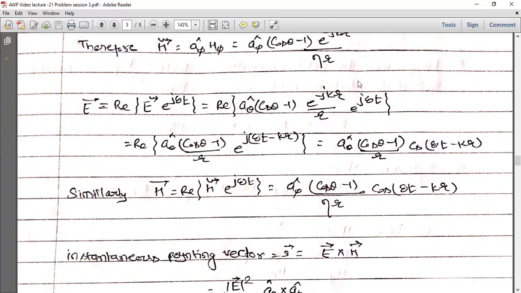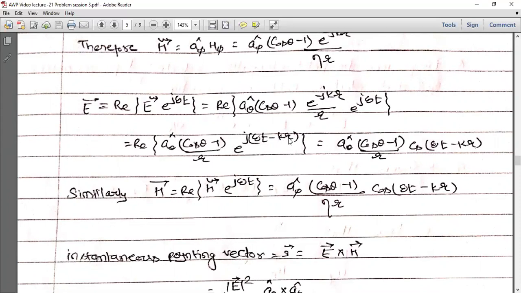Multiplying this with e to the power j omega t, and then extracting only the real part will give you the instantaneous form. Now A theta cap (cos theta minus 1) upon r is real, so we are not concerned about it. In these two expressions, e to the power minus j kr and e to the power j omega t, since they have the same base, the powers can be added, and we have e to the power j (omega t minus kr), and this is the real portion.